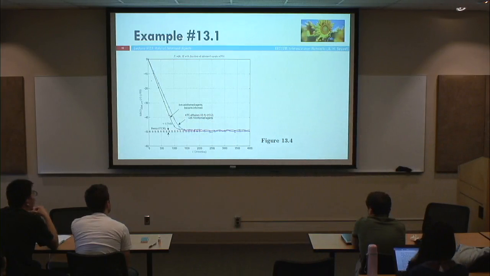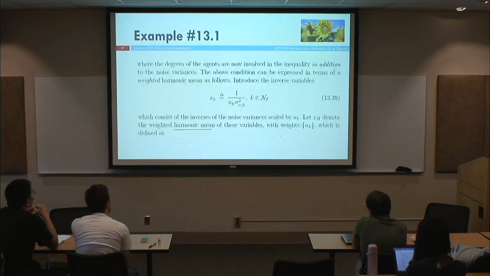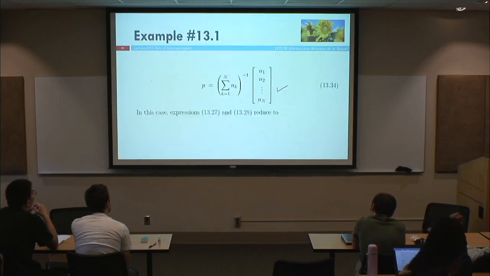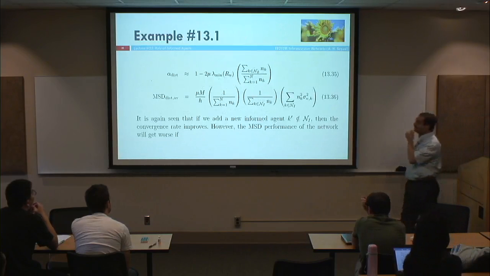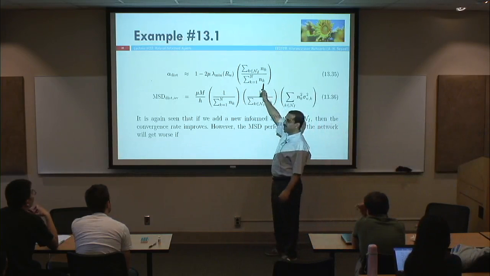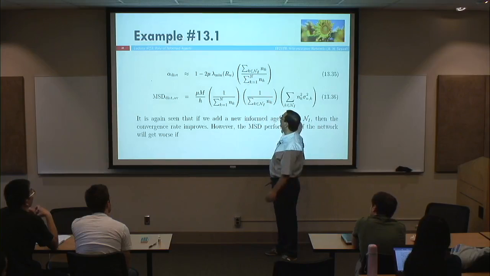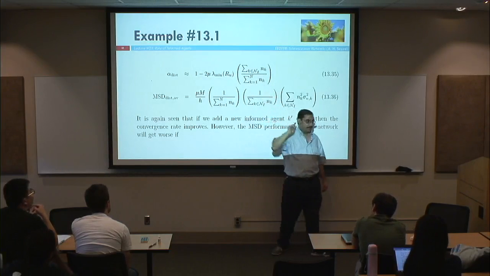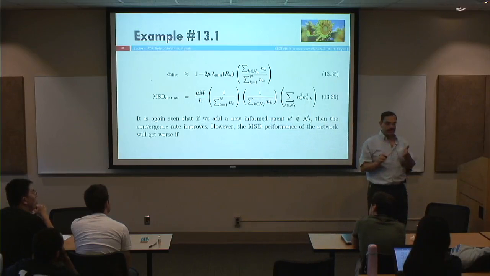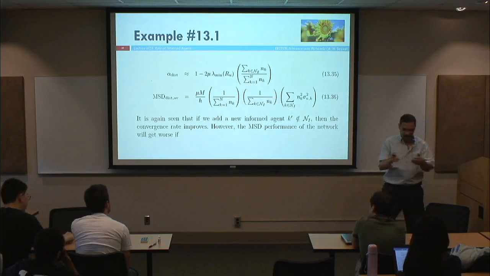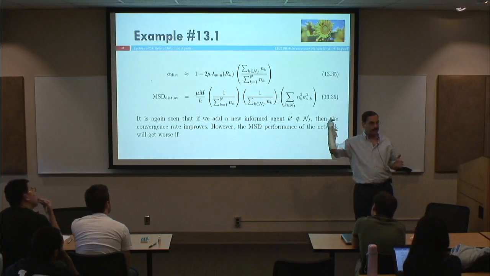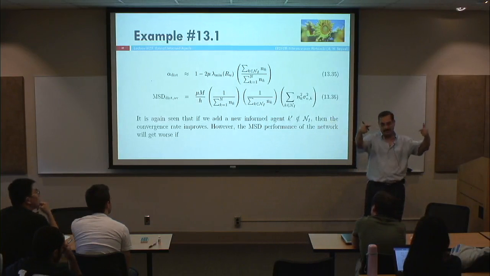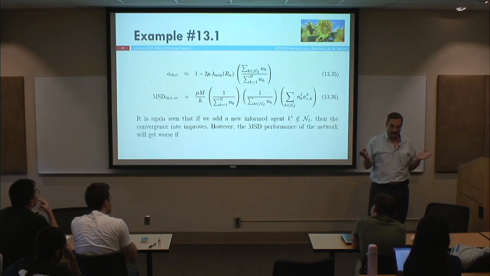So now, how do I fix the convergence rate? If you go back to this expression here, this is the convergence rate for this example, for the uniform rule. On top, you have the sum of the degrees of the informed agents. In the bottom, you have the sum of the degrees of all the agents. Now, to fix the convergence rate, whether I am in this state or in that state, I need to make this convergence rate independent of the number of informed agents, correct?